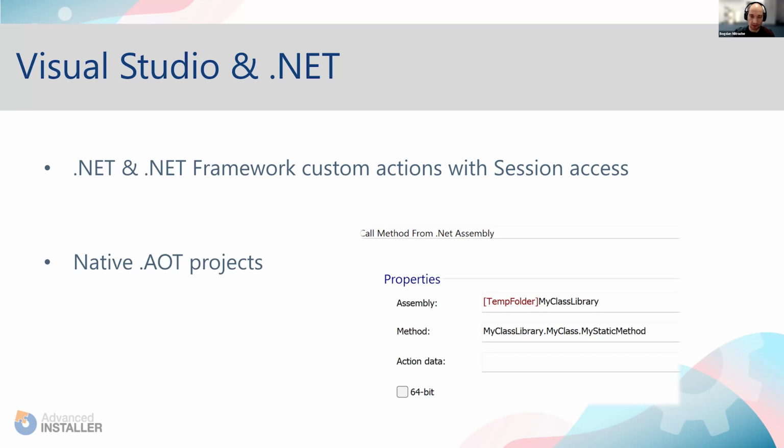You can find an article and a detailed demo on this on our website. The same you will find for the custom actions. For that, I'm going to talk a little bit more now. Basically, for most of the features that I'm talking about now, you can find articles in our user guide or on our blog with details and examples in our videos.